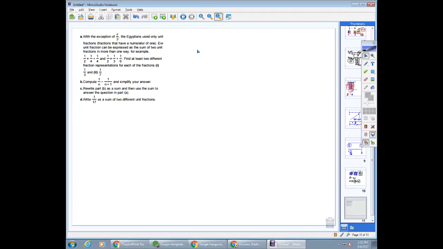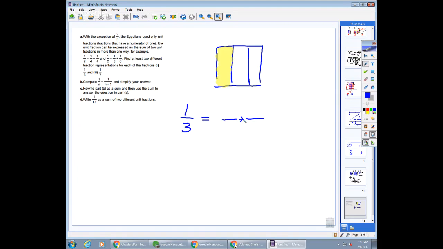So let's see, 1/3. One way to play around with it is just to draw 1/3 and see what we can come up with. So drawing a third, I might do it like this. And here is 1/3. If 1/3 is going to be equal to the sum of 2 other fractions, they're going to have to be smaller than 1/3, right?